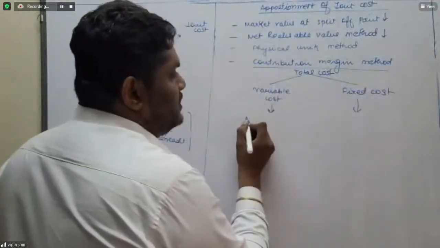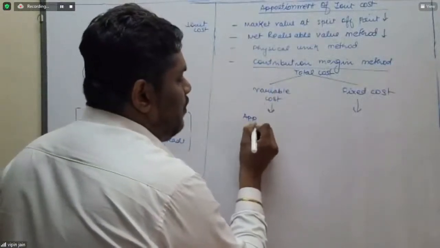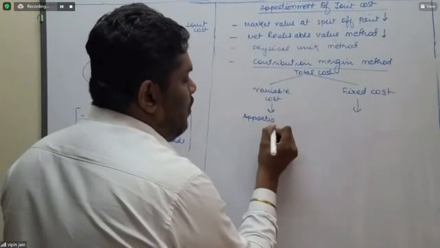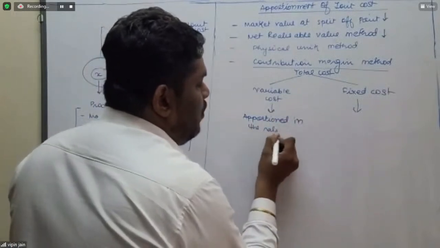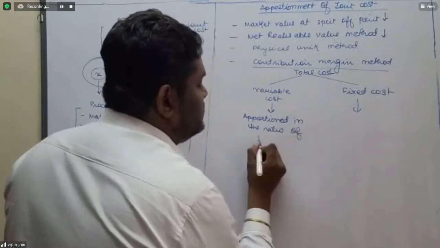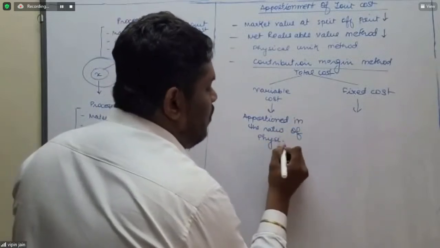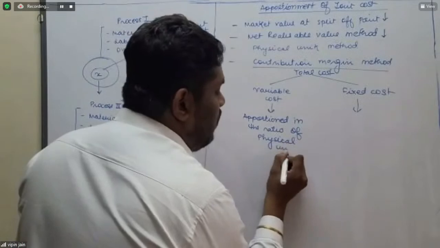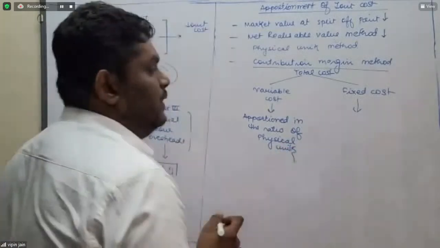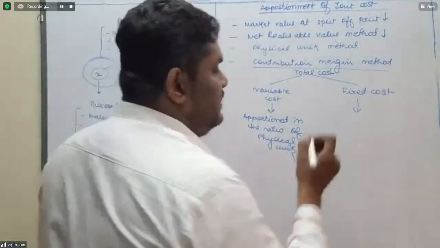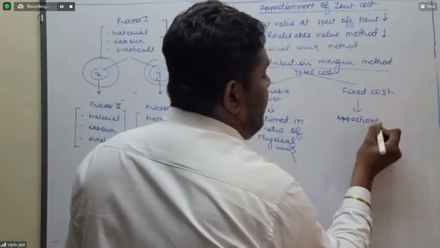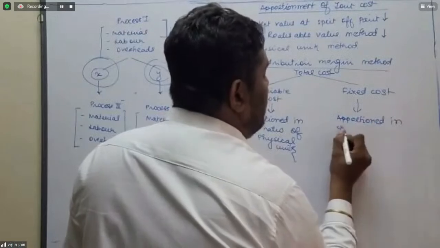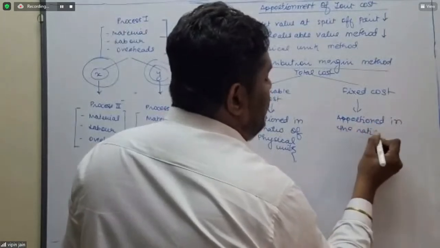The variable cost will be apportioned in the ratio of physical units. As far as fixed cost is concerned, it will be apportioned in the ratio of contribution.